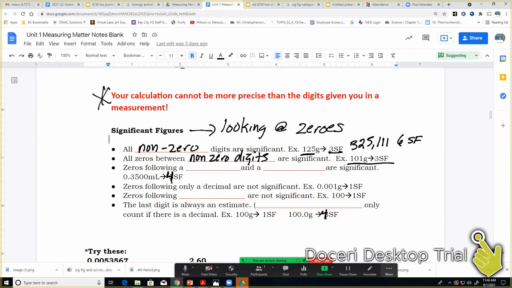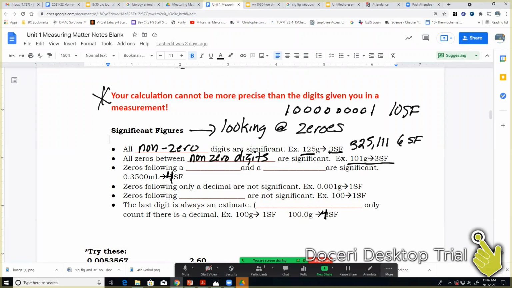So here I have 101, 3 significant figures. I could have 8 zeros in there. The fact that those zeros are sandwiched between the ones, they're significant. This would be 1, 2, 3, 4, 5, 6, 7, 8, 9, 10. 10 significant figures.